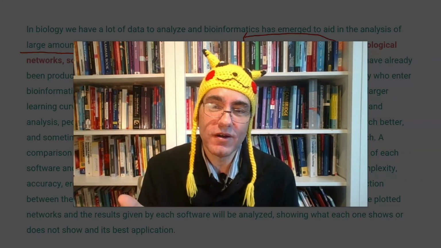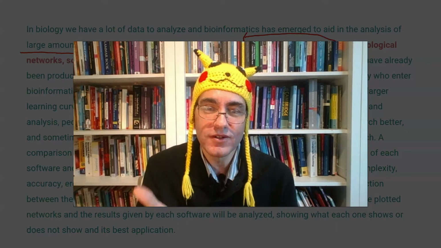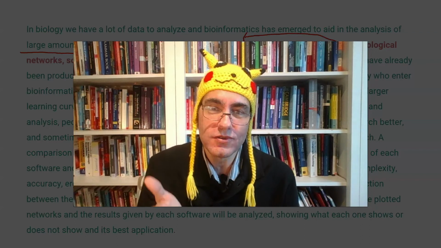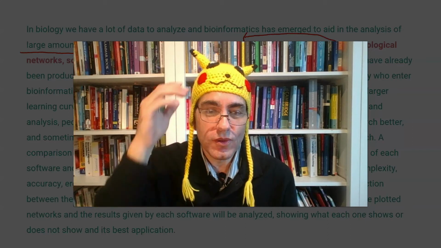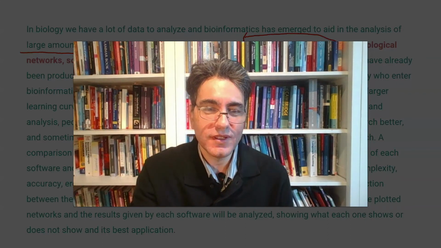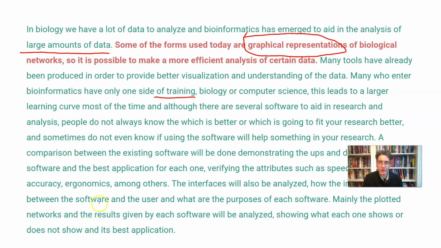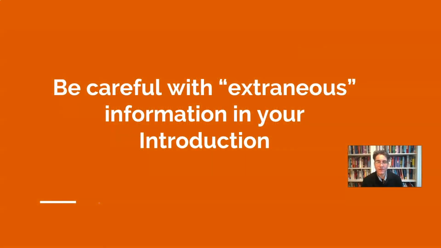And what I find is that many authors will put on this Pikachu hat in their text, this proverbial Pikachu hat, and never pick it up again and never explain why it's there. So the point of this Pikachu hat is to make the following point, which is be careful in your texts with extraneous information, and especially in your introduction, because the introduction is that metaphorical landing strip where the pilot is arriving and is looking for the signals of where she or he needs to go to park at the gate or whatever.